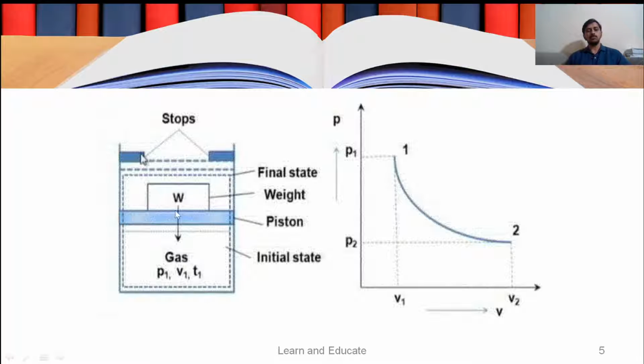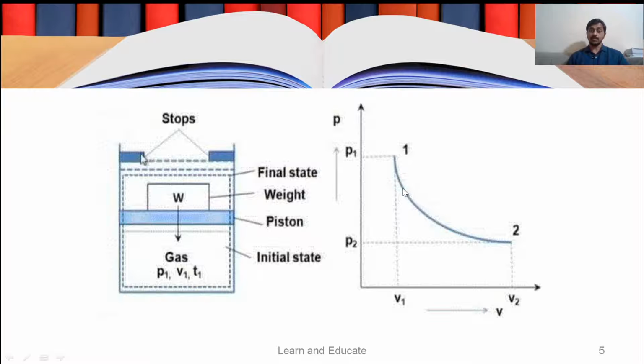A weight W is placed, where W is equal to the sum of small w1, w2, w3, etc. Now we remove this W all at once, so that the system changes its state from 1 to 2 immediately, from P1 V1 to P2 V2, and the piston strikes the stops with an impact. Still we are able to draw a curve like this.